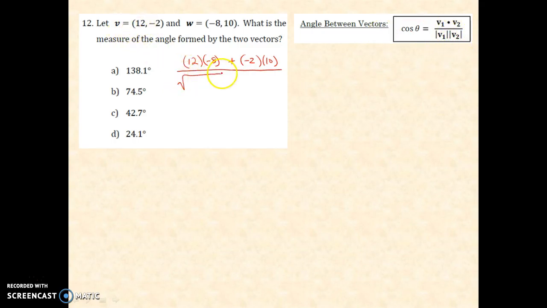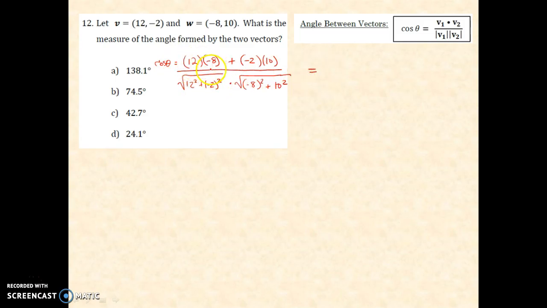So square root of 12 squared plus negative 2 squared times the square root of negative 8 squared plus 10 squared. And this is cosine theta.